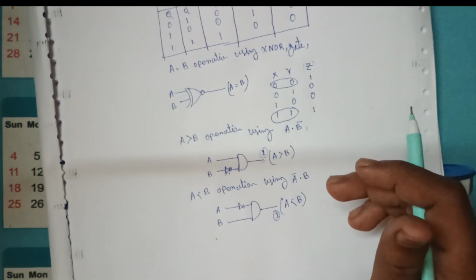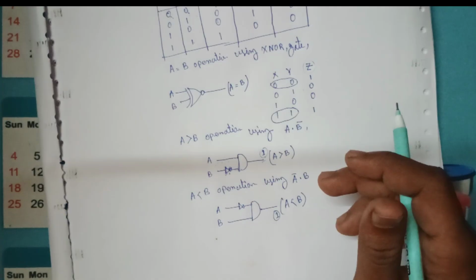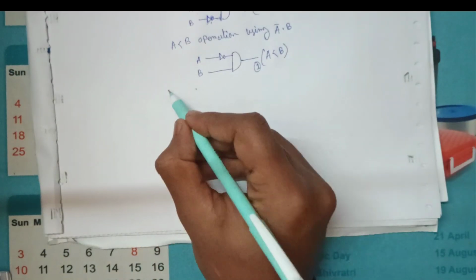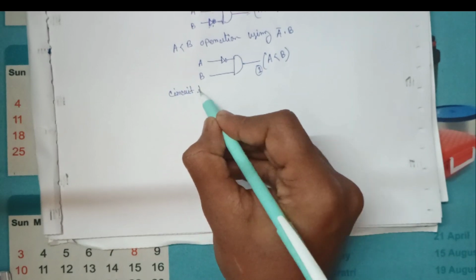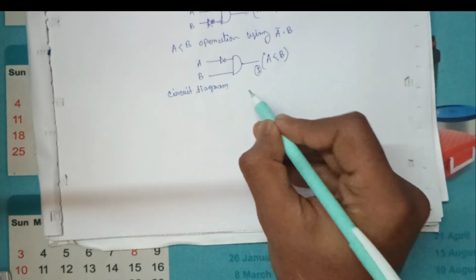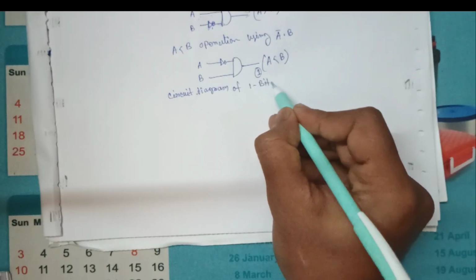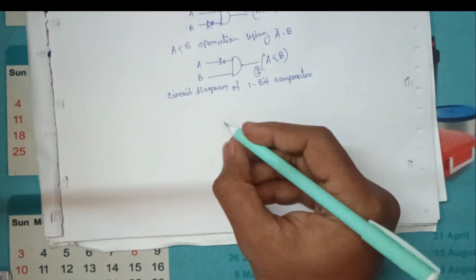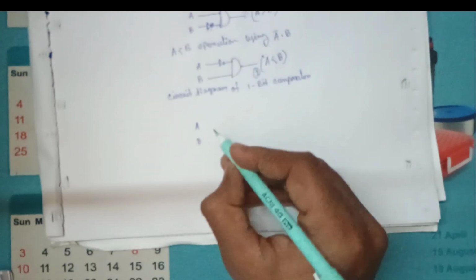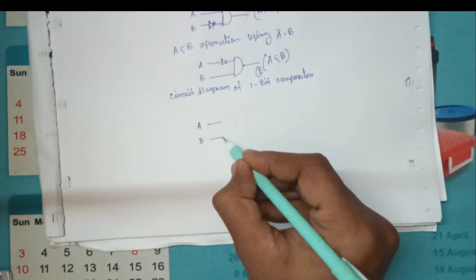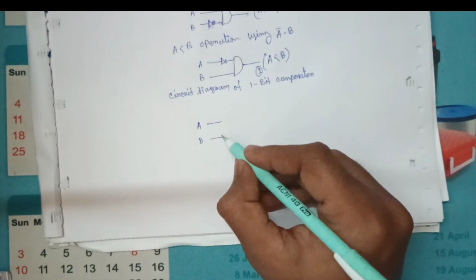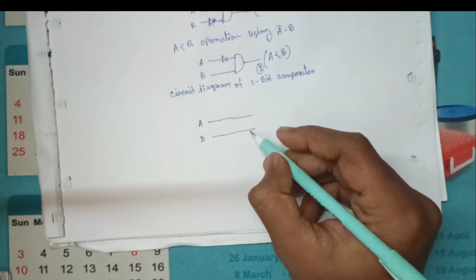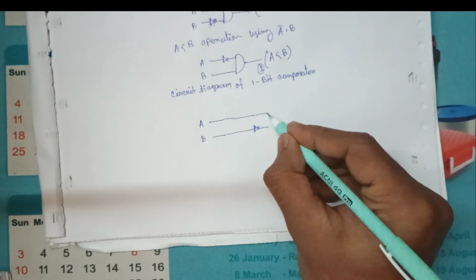So now let's see the circuit diagram of 1-bit comparator using these gates. The circuit diagram of 1-bit comparator will be like that. A, B. These are two inputs of 1 bit. From here, there will be a NOT gate.